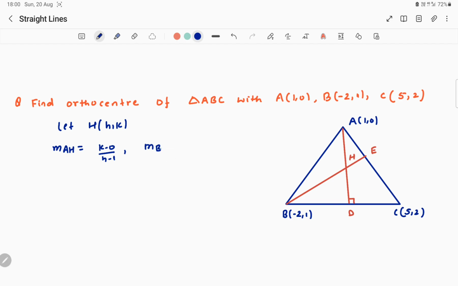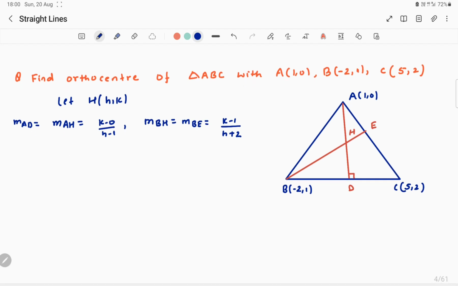The slope of AH and the slope of AD will be the same, since they are the same line. Similarly, the slope of BH will be equal to the slope of BE, which is k minus 1 divided by h minus of -2, which is h plus 2.